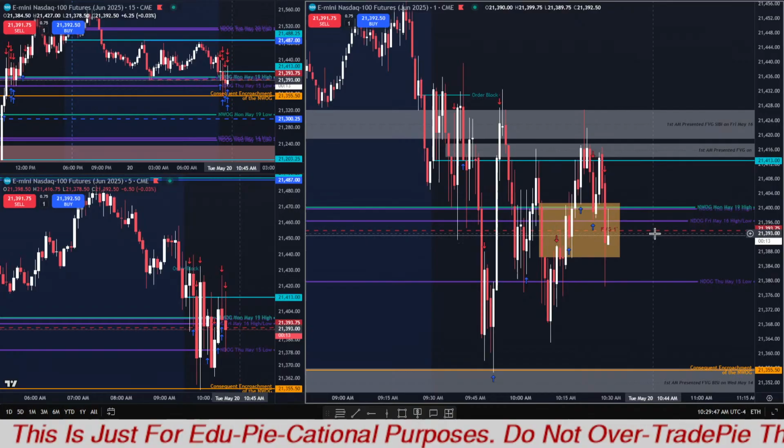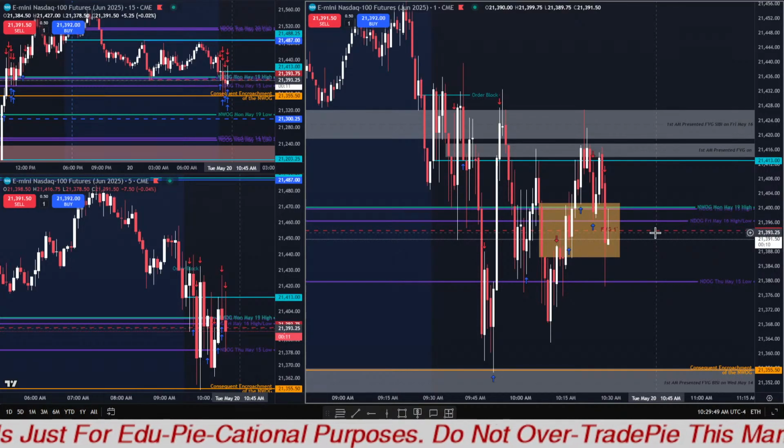Still trading around the sell side liquidity from London's low.